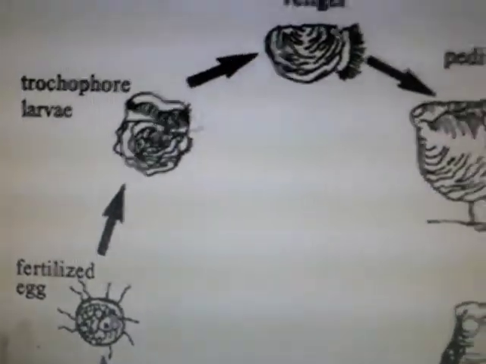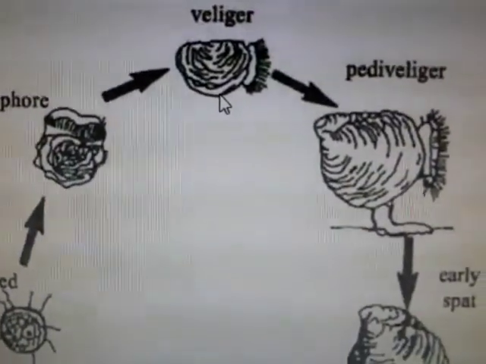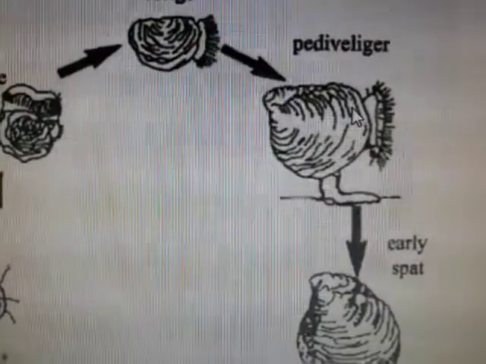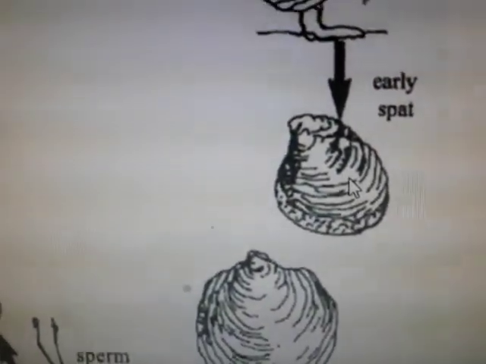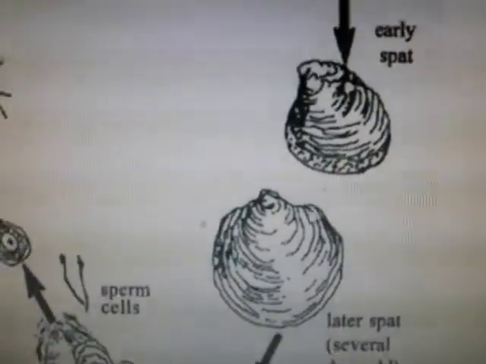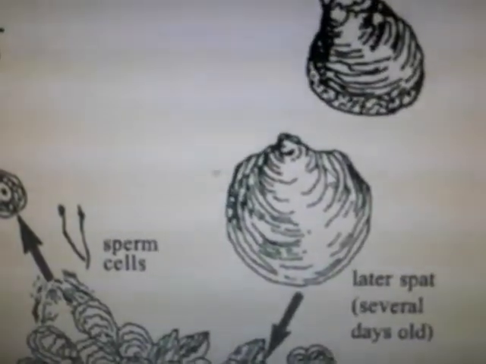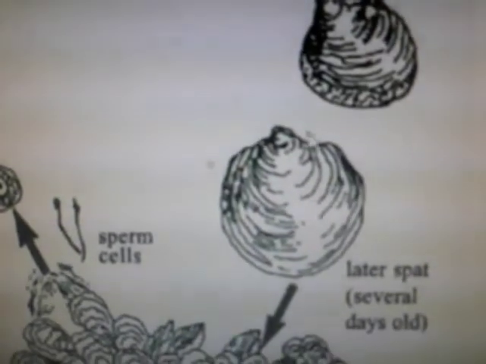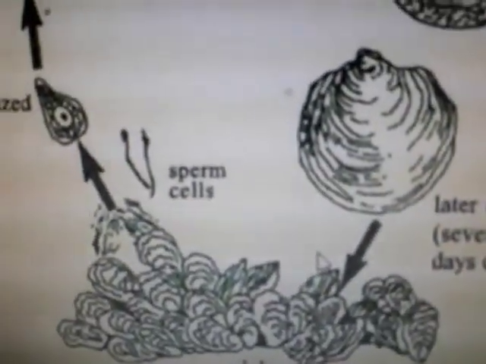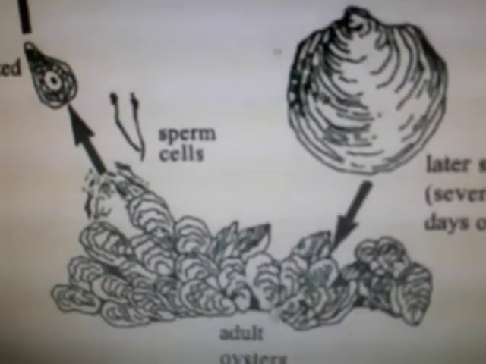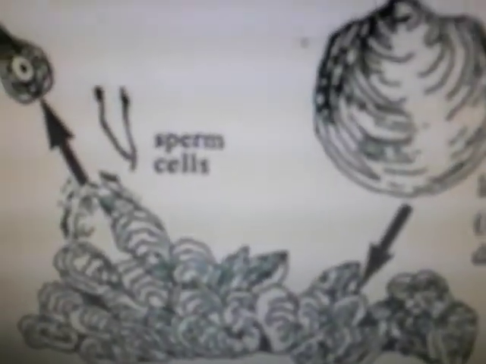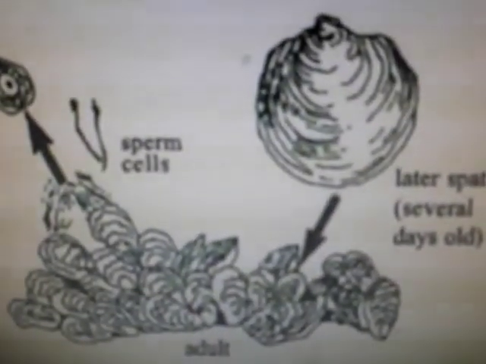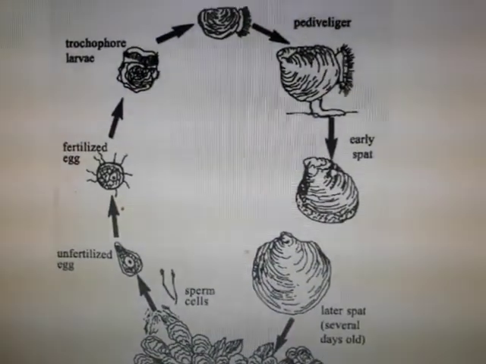Trochophore larva, veliger larva, pediveliger, early, then later, several days old, and then it develops into an adult. This is the life cycle of the oyster.